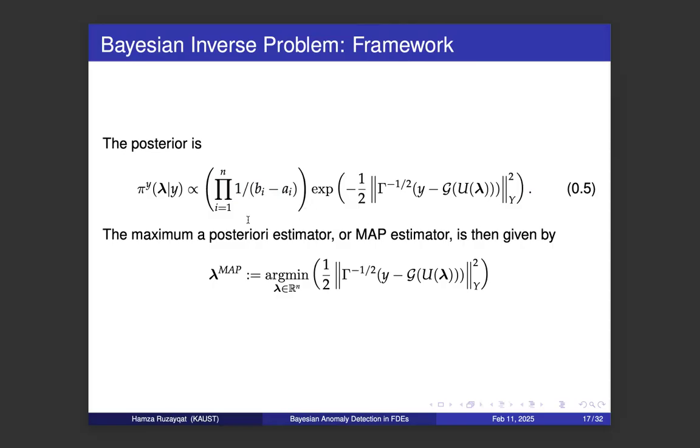And then the maximum a posteriori estimator, or MAP estimator, is to maximize this probability, which means to minimize this thing here. And so you look for a lambda MAP that is the argmax of this term.